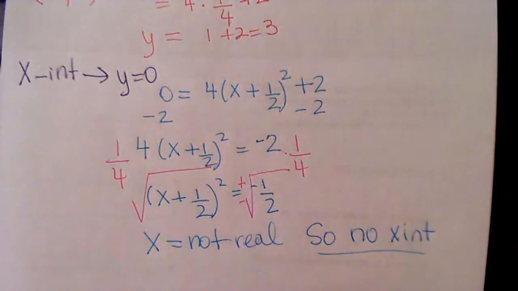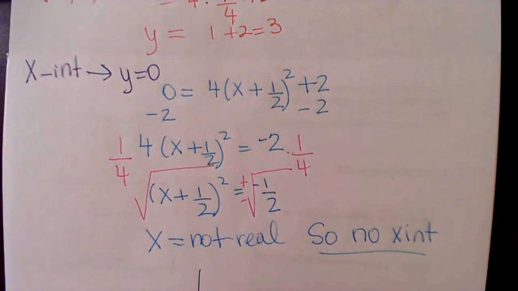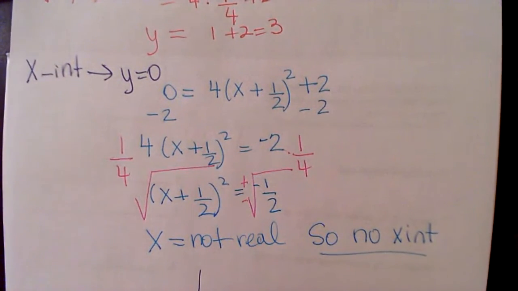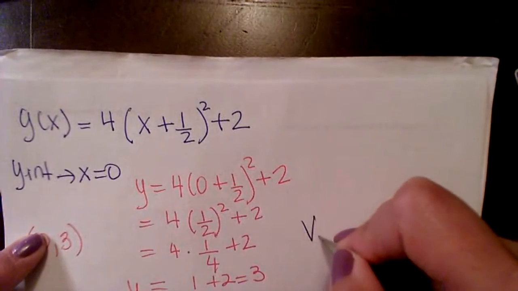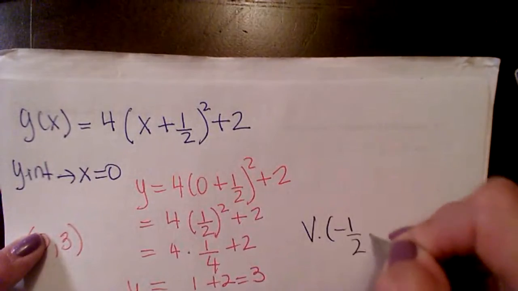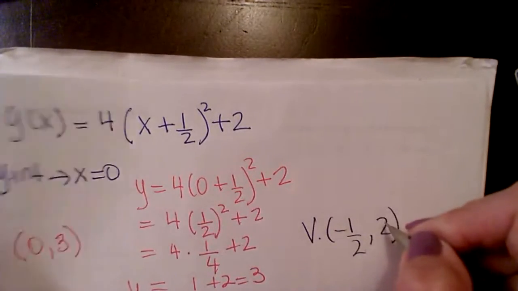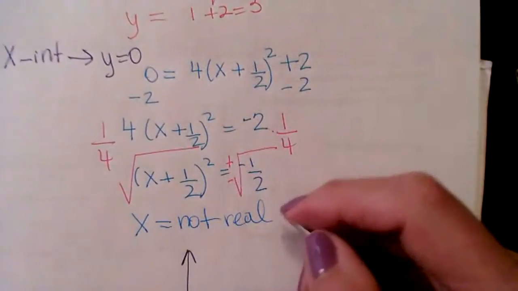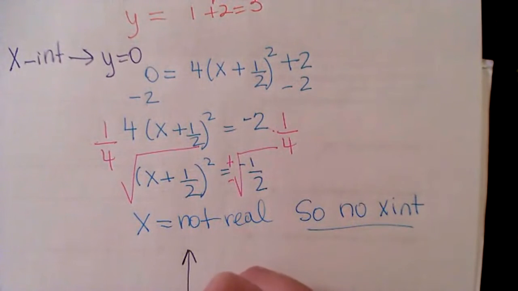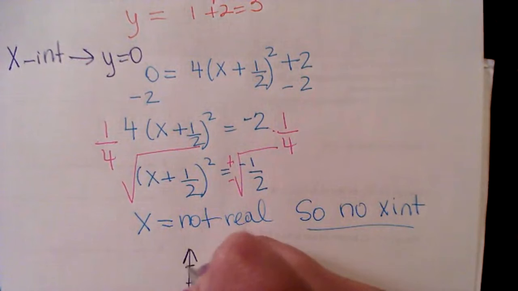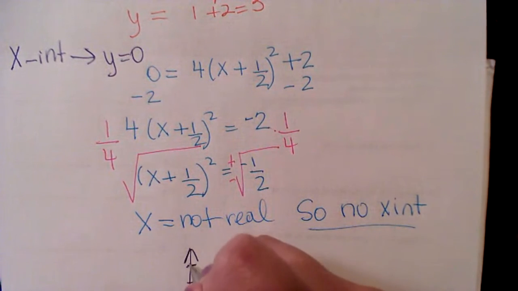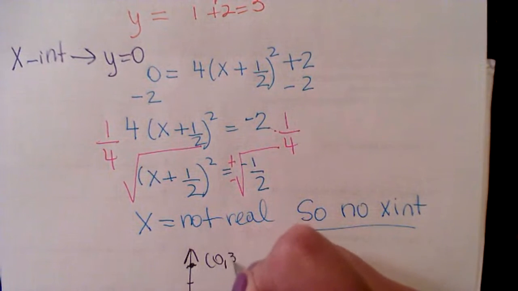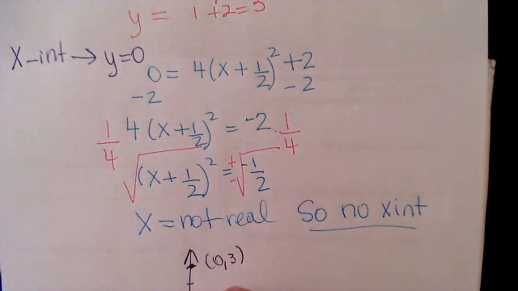And if we were going to graph it, we have the vertex, which was what? Vertex was negative 1/2, comma 2, and this one. That's only the two numbers that we have. So 1, 2, and 3. That's 0, comma 3, and negative 1, negative half.